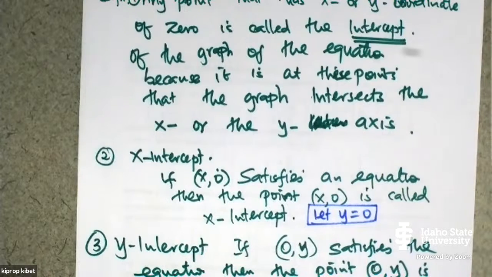Now, before you plot, these are the points which you can use to plot the line. That's very nice. Linear is something straight. So if you have a linear equation, first look for the x-intercept, look for the y-intercept, and then you can also look for another point.